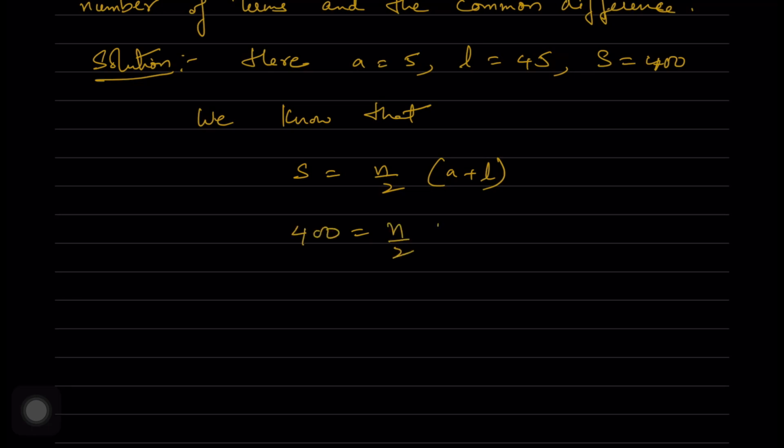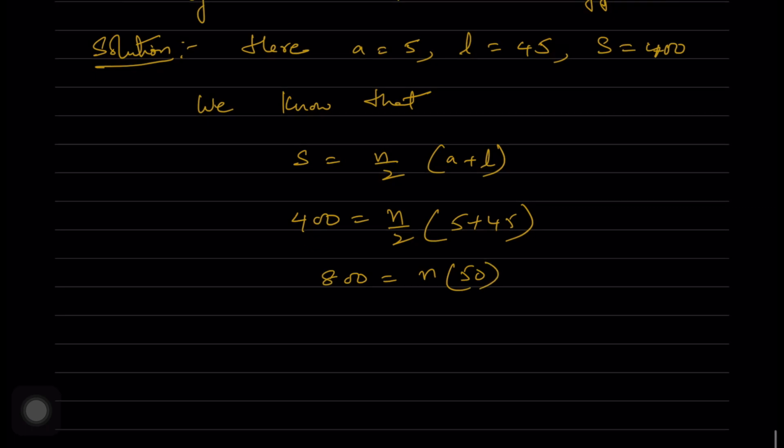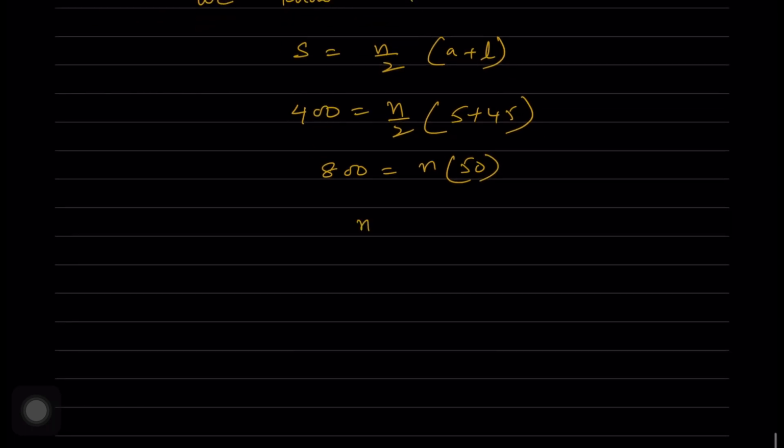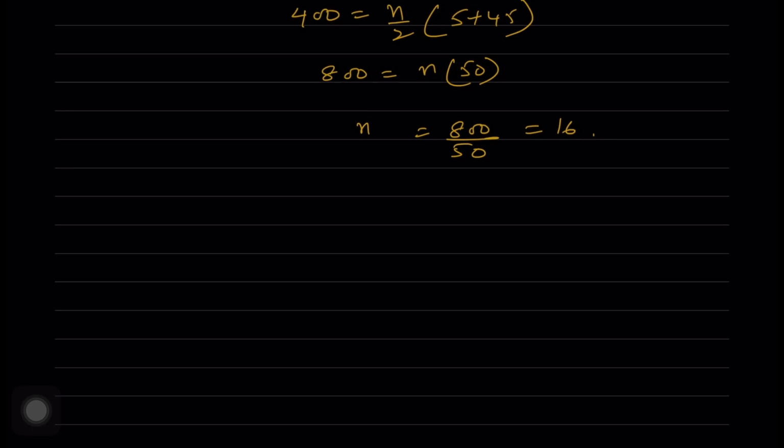S is 400, n by 2 into 5 plus 45, which is equal to 800 is equal to n into 50. So n is equal to 800 by 50, which is equal to 16.